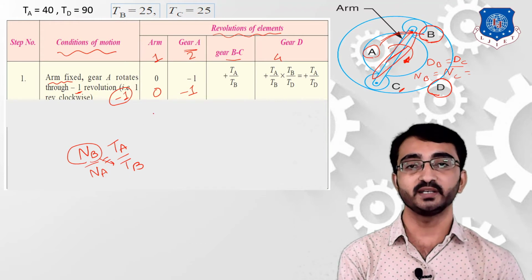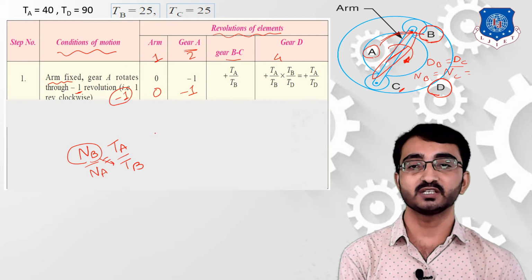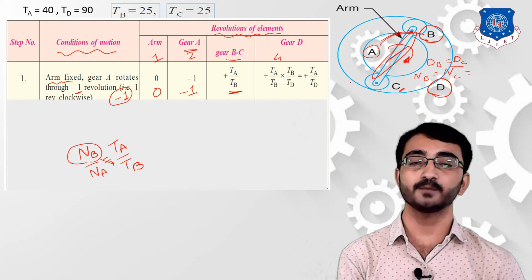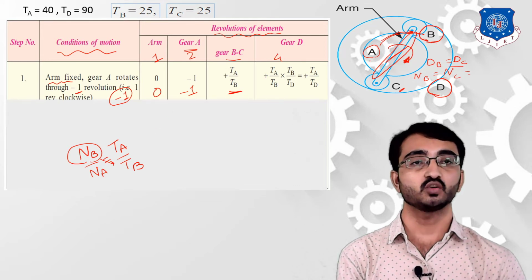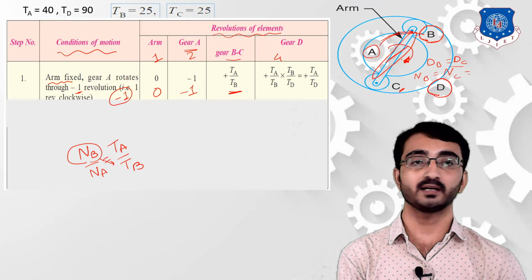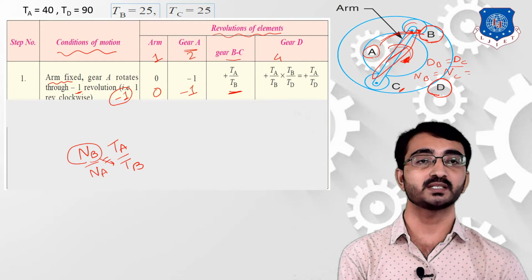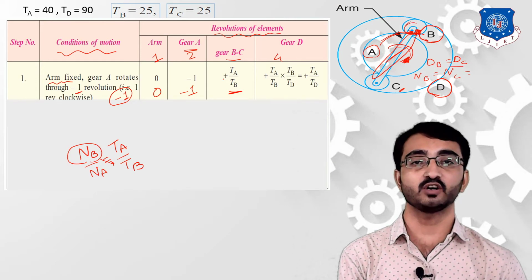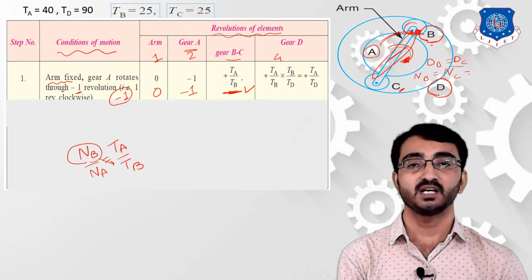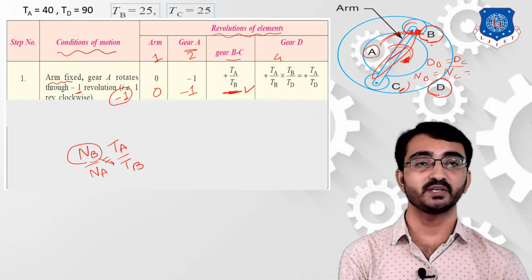So here you will get that the speed of gear B is equal to TA upon TB. Now the direction of rotation: as gear A is rotating in clockwise direction, your gear B will be rotating in anti-clockwise direction, and for anti-clockwise rotation we have to consider the plus symbol, so plus TA by TB is the equation of speed of gear B.